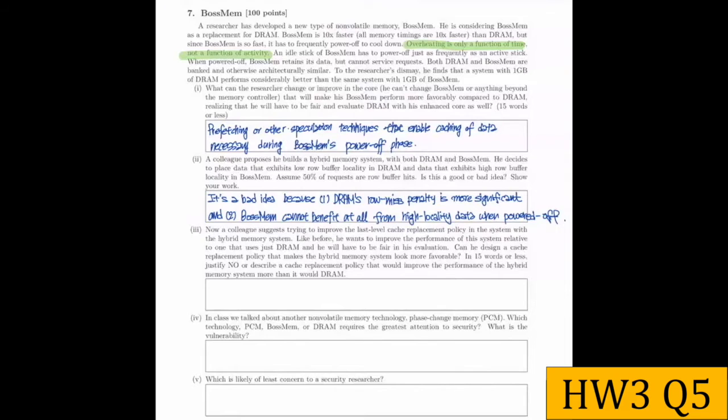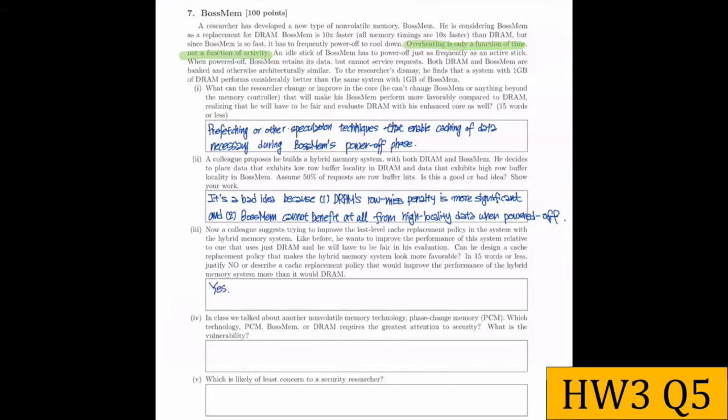So how can you do that in cache with the cache replacement policy? One possible solution is to prevent addition of data which is allocated to BossMem while the BossMem is powered off. So a possible answer is yes.